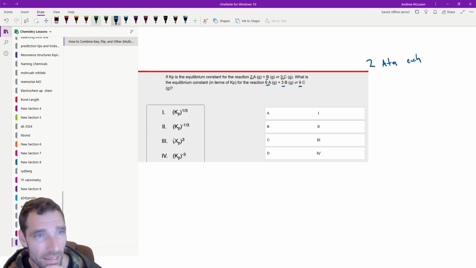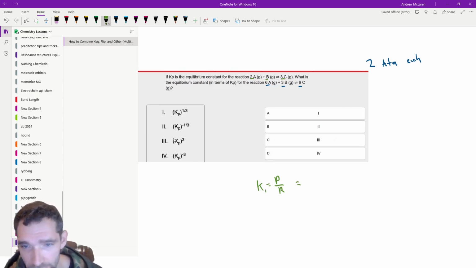So if we had this K expression here, for the normal thing, you've got K and you've got the products over reactants. I'm going to call this K1 for this first reaction. Now its product is C, which is going to be cubed. And we've got A, which is going to be squared. And you've got B, which is just up to the first power.